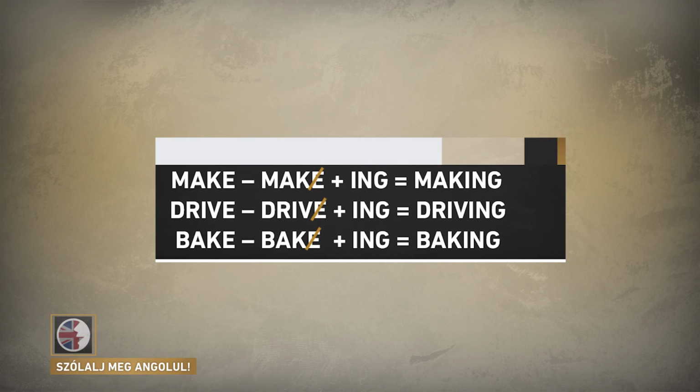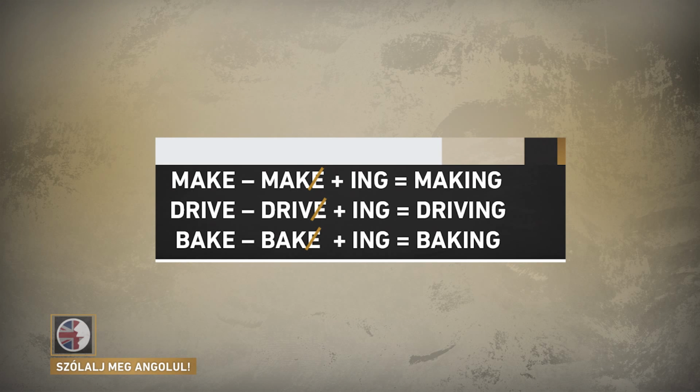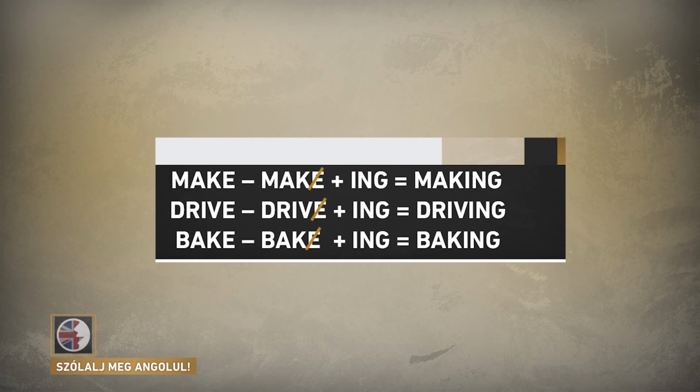It's not make-ing, it's making. It's not drive-ing, it's driving. And it's not bake-ing, it's baking. Okay, so we know the first area where we have to be careful. If the verb ends in E, we remove the E before adding ing.